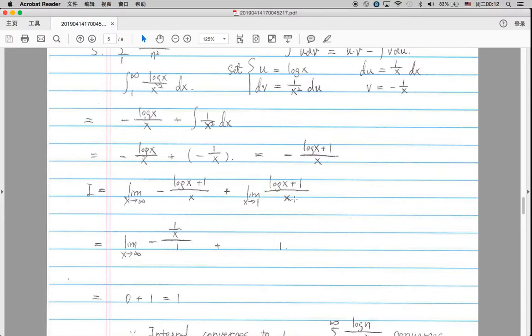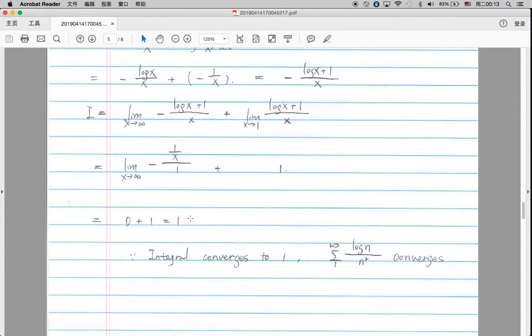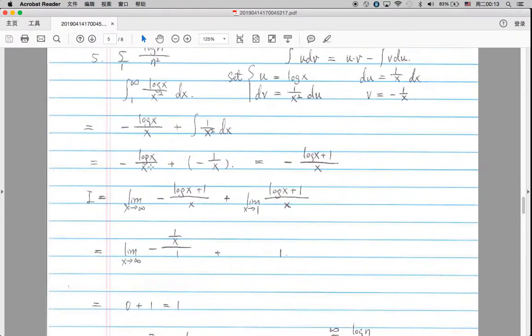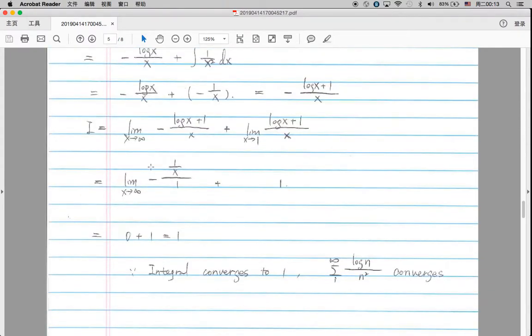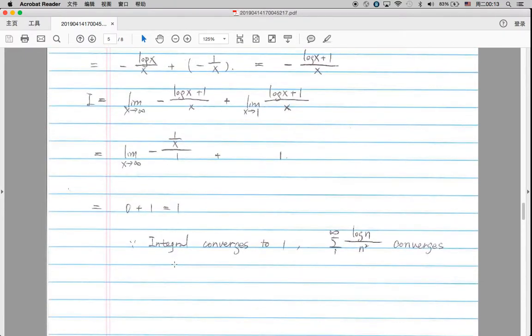And then for this term itself, as everything goes to 1, this is log of 1, which is 0. Zero plus 1 over 1 is 1. As a result, our final answer is that the integral from 1 to infinity of log x over x squared is equal to 1.